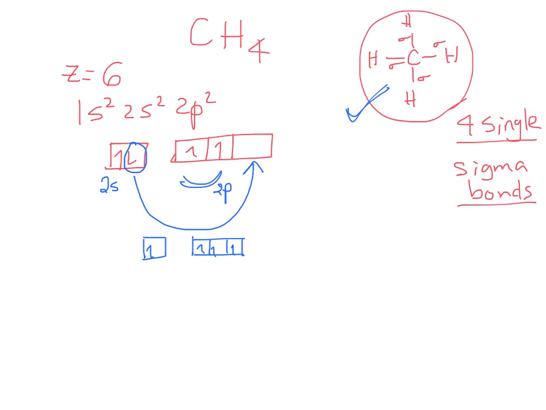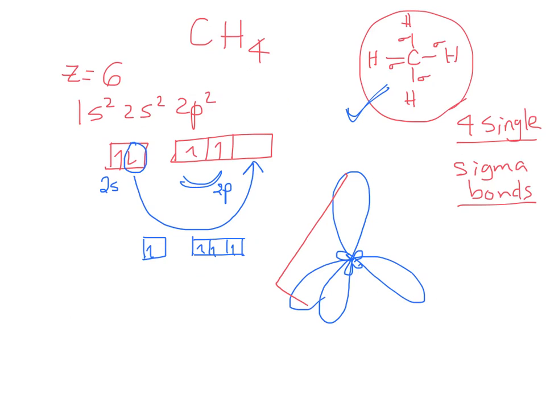Now, when you have 4 orbitals, it takes up the shape of a tetrahedron. So your hybridized carbon atom is going to point towards the corners of a tetrahedron. Look at the pyramid type structure, right? It didn't come out exactly as I expected it to, but approximately.